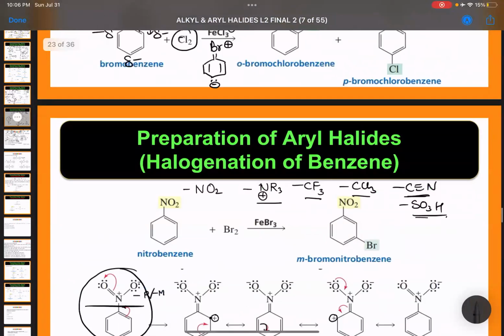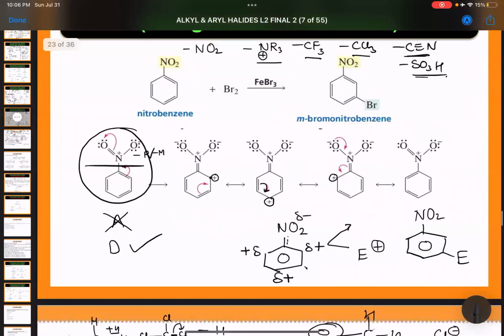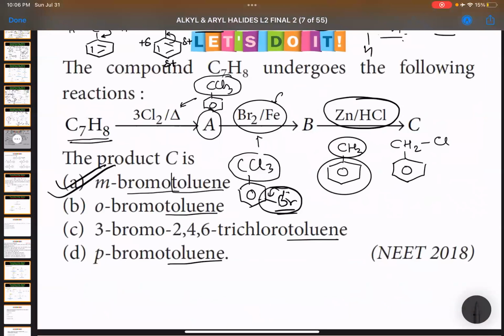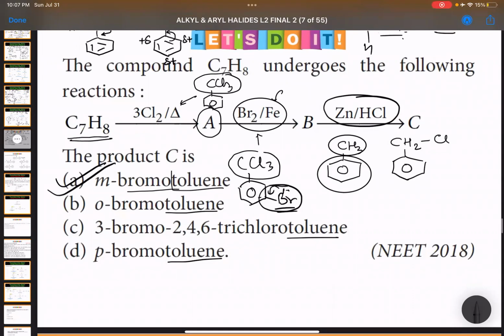So this bromine group has a double bond character, so it is not easy to reduce this bromine. That's why we have kept it untouched. But it was very easy to reduce CCl3 to CH3 because those three Cl were not directly connected to benzene. So the answer is going to be CH3 with a bromine group at the meta position. So meta-bromotoluene. This is going to be the final answer.